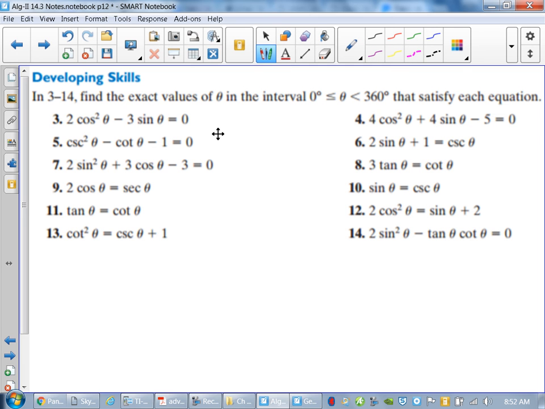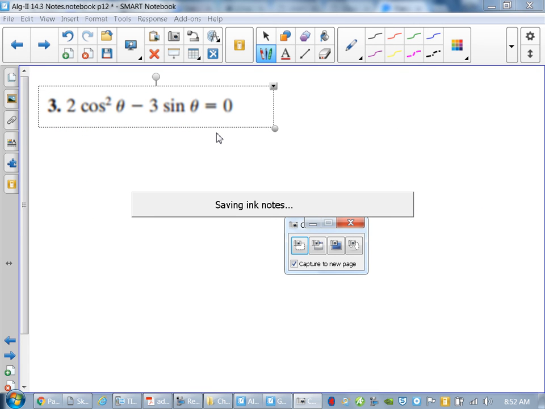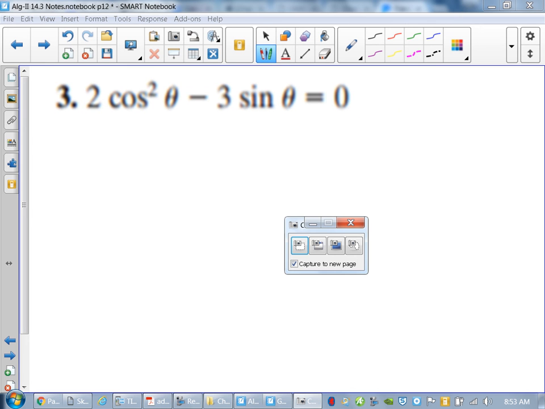And if you recall, this looks eerily similar to what we did a couple of weeks ago, I think right before spring break, when we solved the equations. Now, when we solved the equations before, we had to utilize some of the Pythagorean identities in order to solve for x.